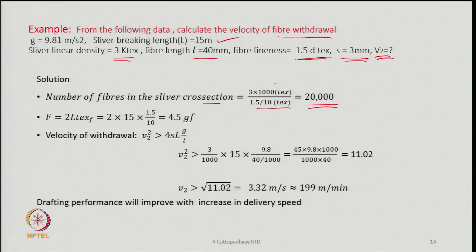That means there are 20,000 fibers in the cross section of the sliver, and the force that you need to withdraw a fiber, F, is equal to twice L into the tex value of the fiber, tex F. Earlier I think I wrote F tex, but basically they are the same.